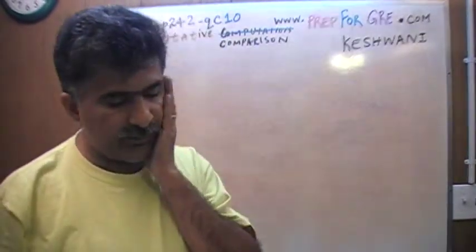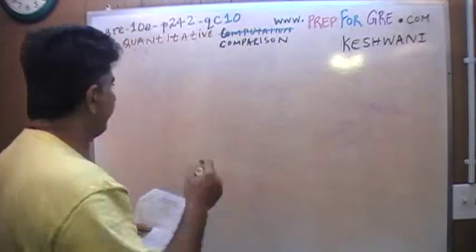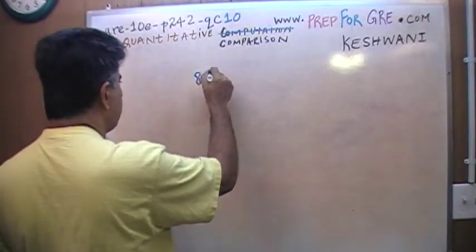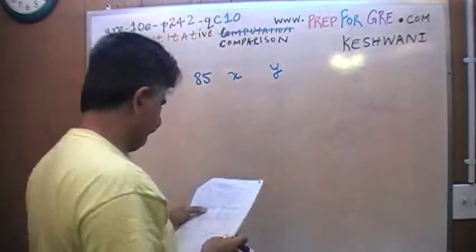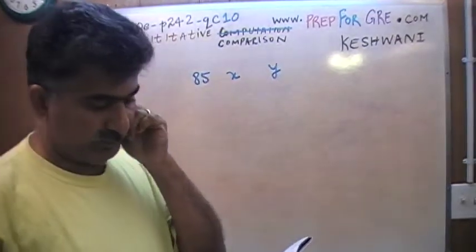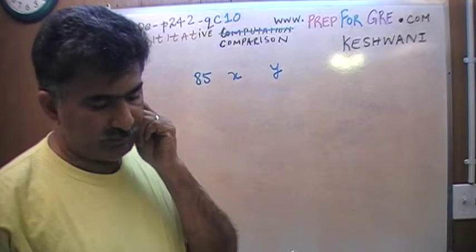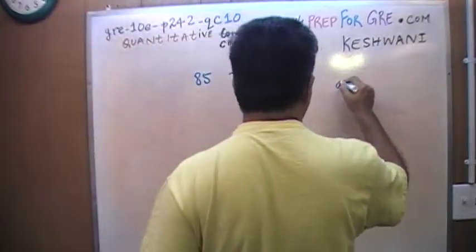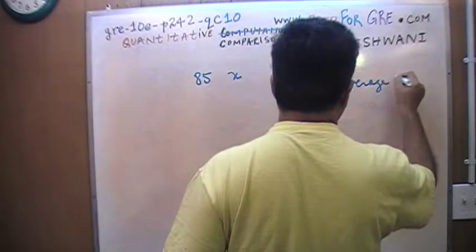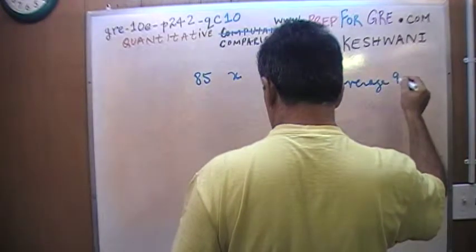It says a student has test scores of 85, X and Y respectively, and an average of 95 on the three tests. All right, so the average is 95.